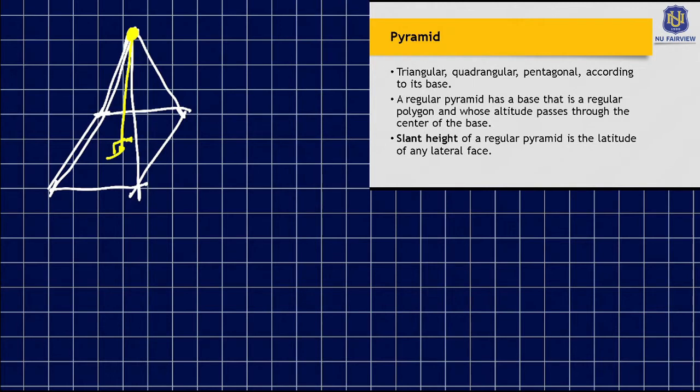Now, yung naman slant height na regular pyramid natin is the altitude of any lateral face. So, alin yung altitude? Yun yung height. So, ito yun. Okay? At may right angle dyan. So, yun po, yung slant height at saka yung altitude ng ating regular pyramid. Okay?